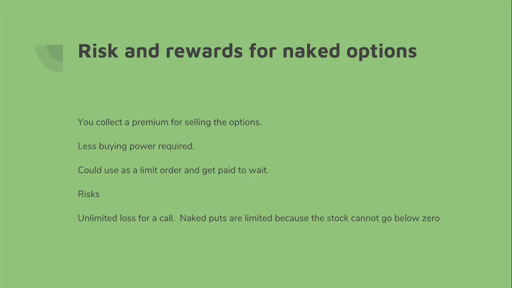So less buying power is required, and I'll show you an example for a naked put as opposed to a cash covered put. Now, you could use these as a limit order. Get paid to wait. If you're selling a put option, and maybe you want to buy that stock anyways at a particular price, then that's like putting in a limit order.